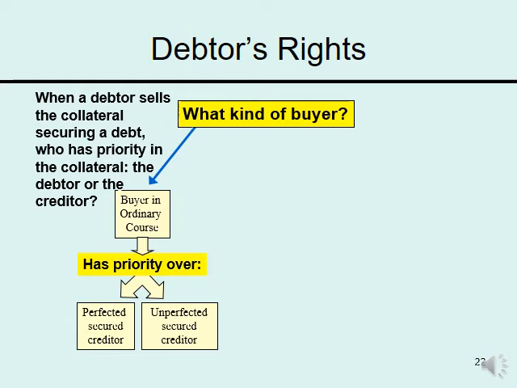So, for example, if I was to go to Best Buy and purchase a refrigerator, even if Best Buy's creditor had a security interest in that refrigerator, because Best Buy is a merchant, I'm a buyer in the ordinary course of business, which means that even if the creditor of Best Buy has a perfected secured interest in that refrigerator and any other inventory, I'm going to prevail because I am a buyer in the ordinary course of business.